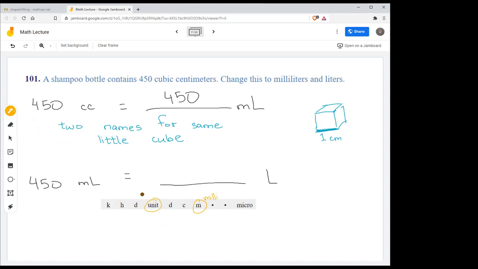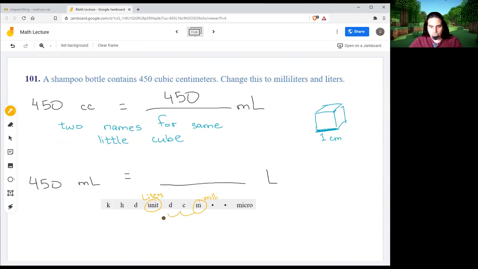The plain unit. So liters. So 1, 2, 3 to the left. Again, you don't have to write all this out. So 0.450. You could leave out this 0 if you wanted, but we did measure it that accurately, so you can keep it too.